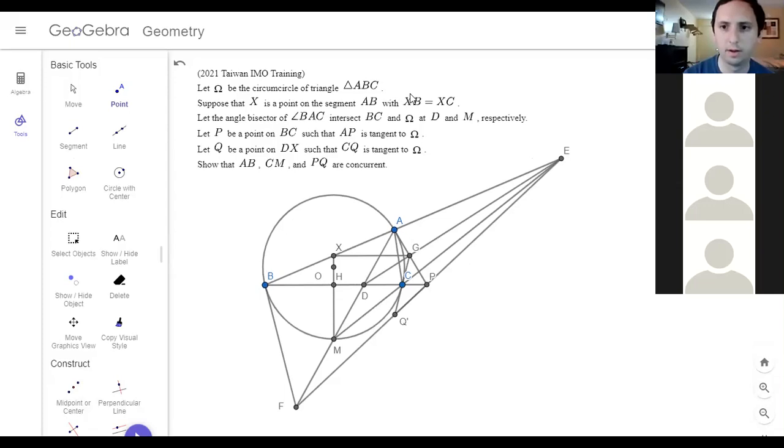And then PFQ prime E, we could try projecting. I guess C is the most logical point, right? Or project through C onto the circle. But where would F go to? That's the only thing.